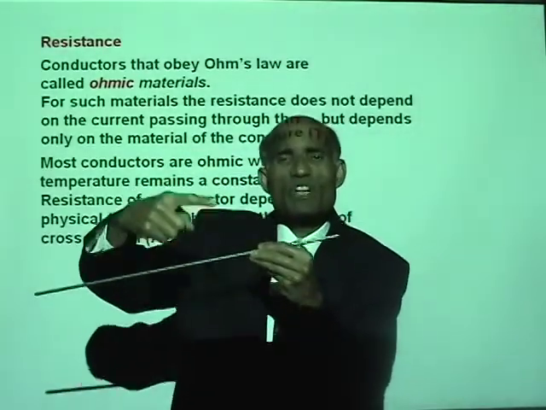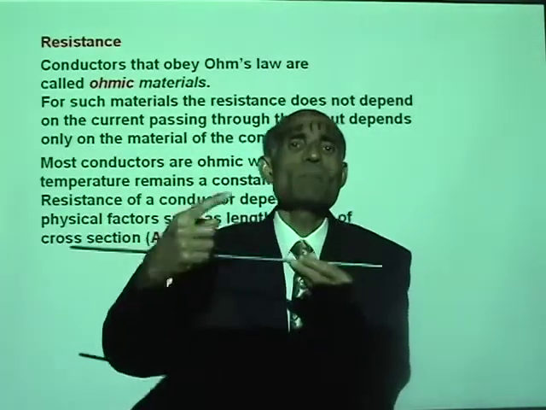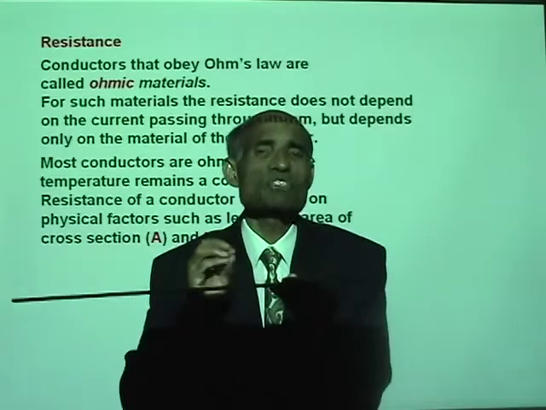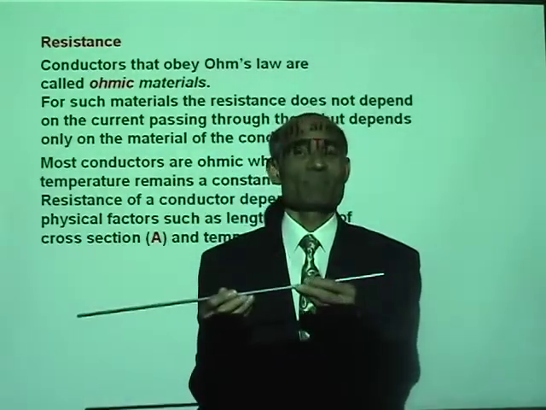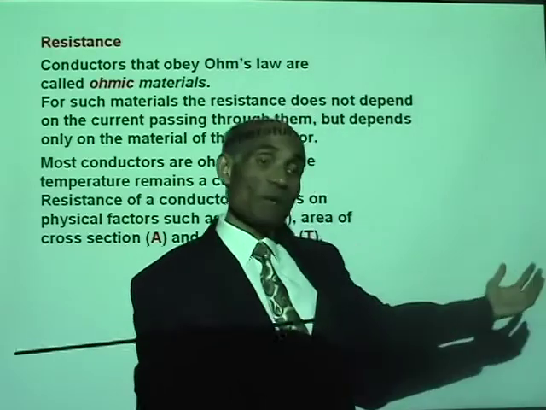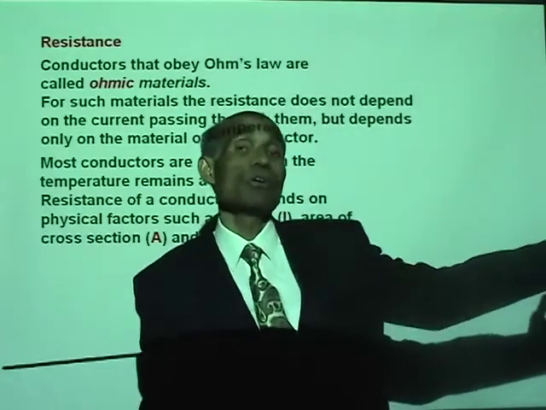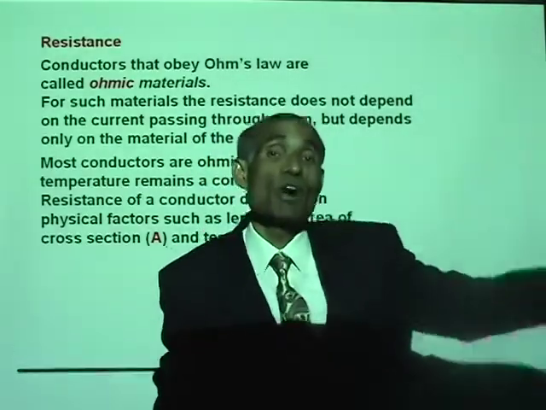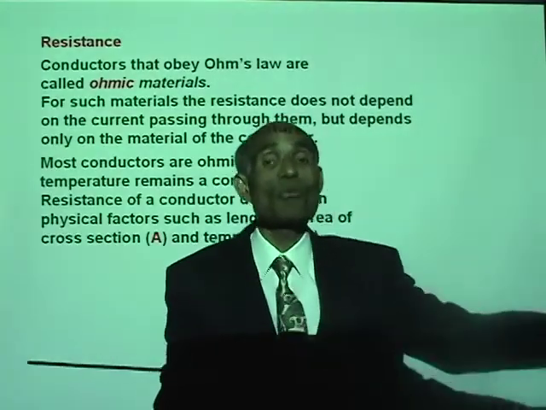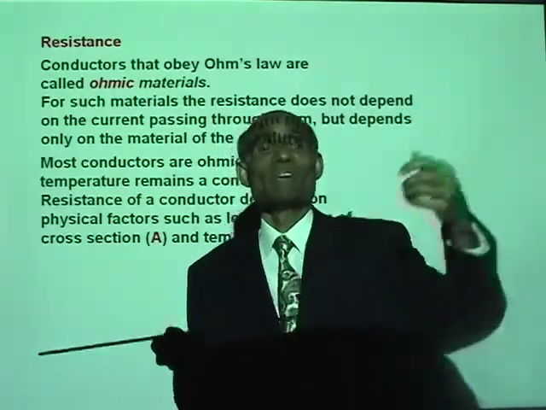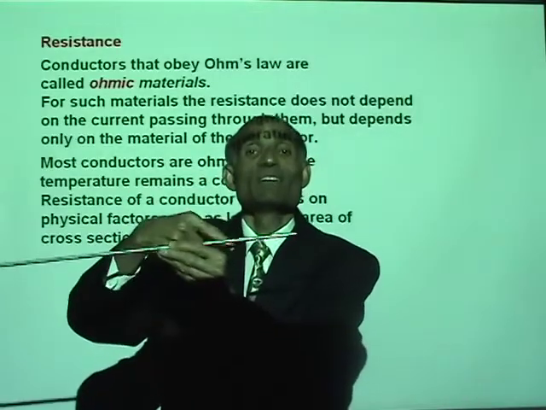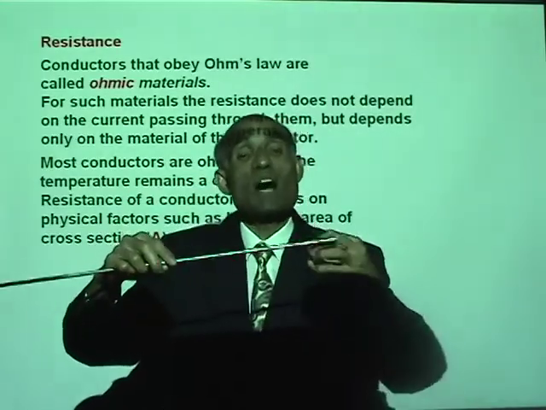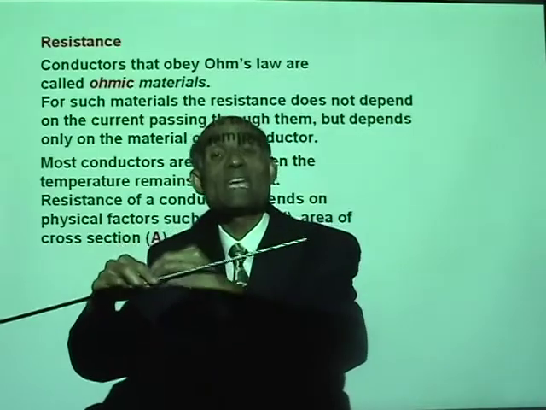Now, if I increase the thickness, will it make it easier for electric charges to drift, or will it make it difficult? Well, if a lot of people are going through a corridor, a wider corridor will make it easy for the flow of people. In the same way, a thicker conductor will allow the charges to flow through it more easily.